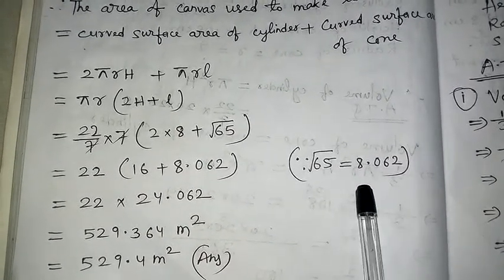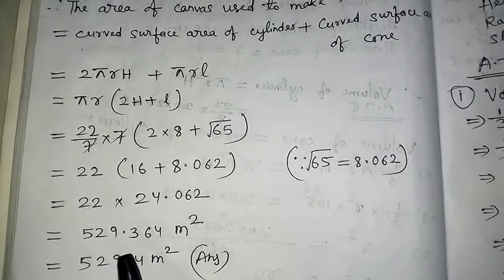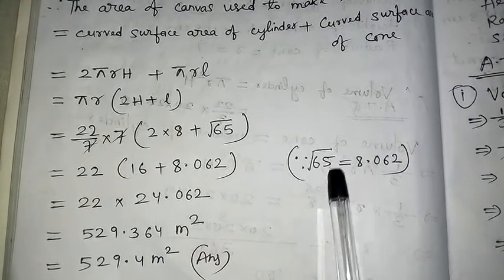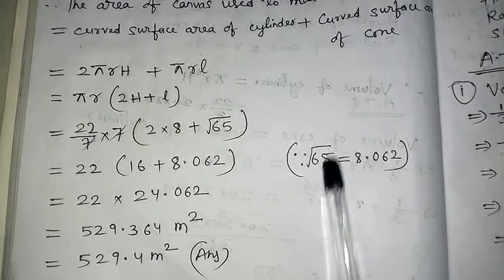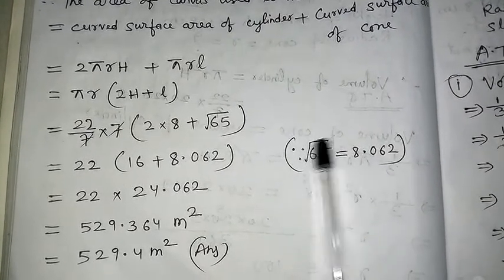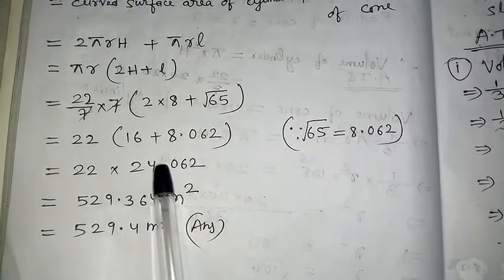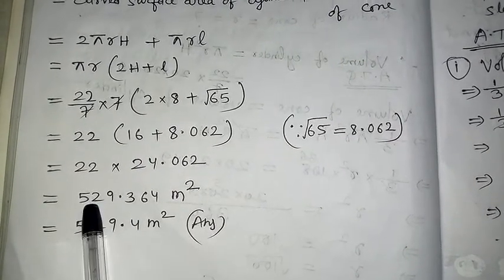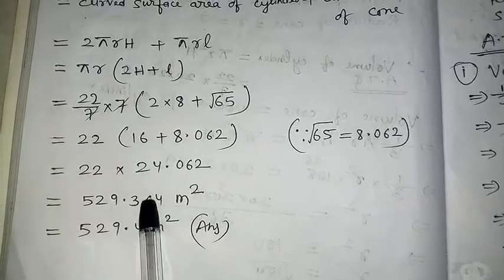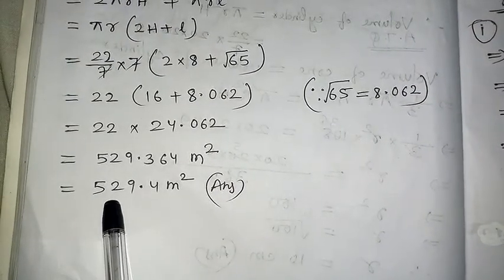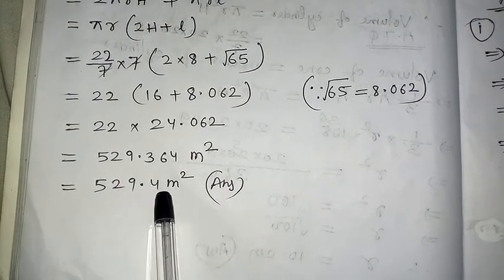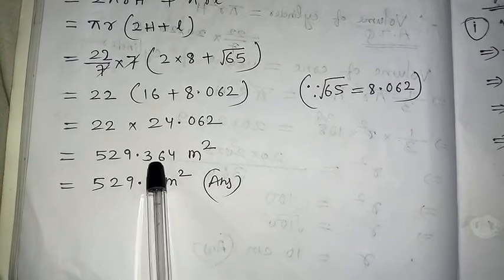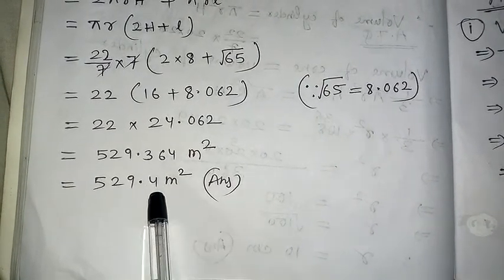But let me remind you children, when you do quadratic equations, we provide you this square root table book. That book will be in your hand, you can check the value of root 65 from there and write this. Now after addition we got 24.062, and after multiplication 529.364. But as per the demand of the question, only one decimal has been demanded, so our answer will be 529.4, because after 3 there is 6, which is more than 5, that's why 3 will become 4.